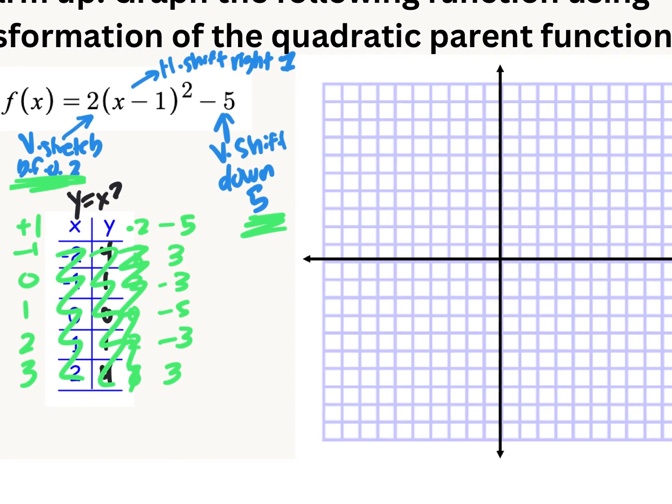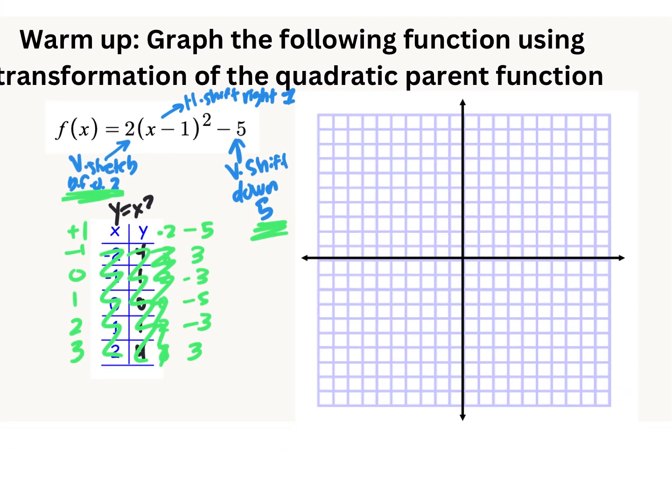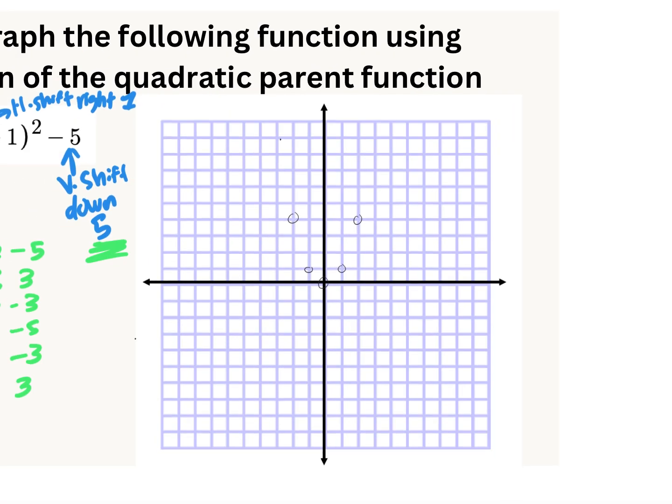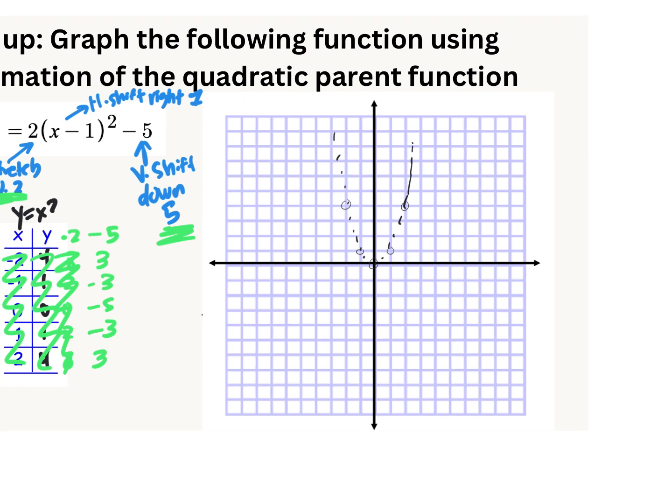And then finally, I'm going to graph my new points. Sometimes in class, if you remember, I would draw circles to represent my parent function. But I would draw them as open circles so as to not confuse with the function I'm graphing. So that's my parent function there, which I did as a dotted line with open circles.